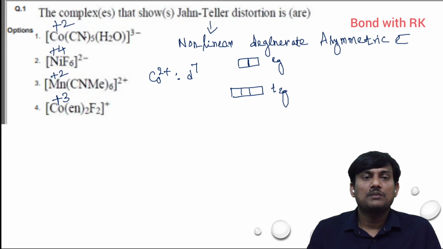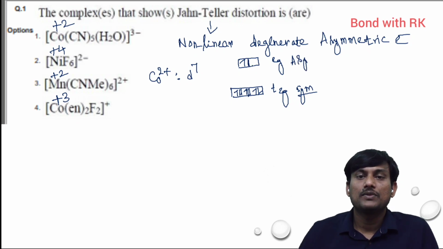Since CN minus is a strong field ligand, there is a large gap between t2g and eg. The 7 electrons will be filled: 1, 2, and 3, then pairing, 6 electrons, and this one is 7. So this t2g configuration is symmetric, and this eg one is an asymmetric electronic configuration.